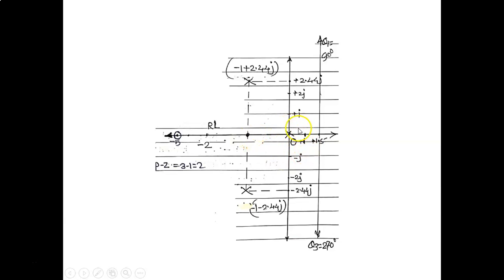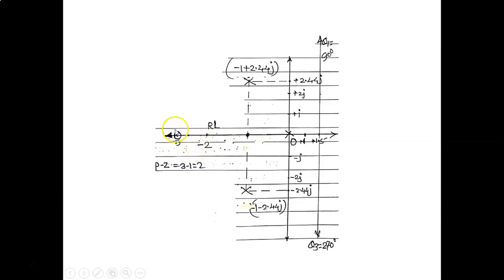Now second pole, minus 1 plus 2.44j, therefore this is minus 1, go to upward side, locate 2.44j, therefore this is the second pole. Third pole, minus 1 minus 2.44j, go to the downward side. And s is equal to minus 5, that is the zero, which you have to represent by a circle.